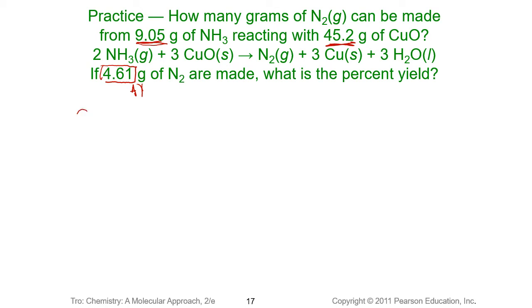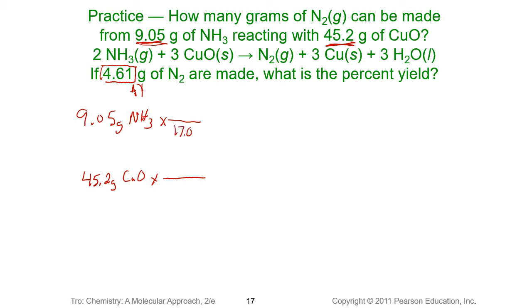So let's start with our 9.05 grams of ammonia and the 45.2 grams of copper 2 oxide. We want to convert to moles so we can use our balanced chemical reaction. To get to moles, we need our molar mass.